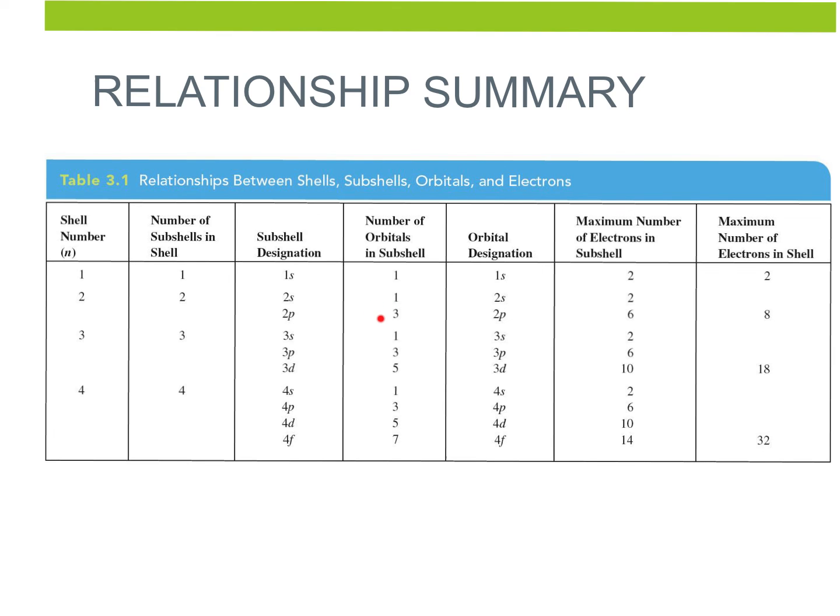How many of those purple dumbbells did you see on that slide? 3: the X, the Y, and the Z. How many electrons per orbital? 2. So if there's 1 S orbital, there's just 2 electrons maximum. If there's 3 P orbitals, how many electrons? 6. What's 6 plus 2? 8. So the second shell level can hold a total of 8 electrons.